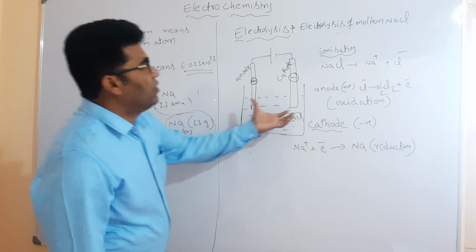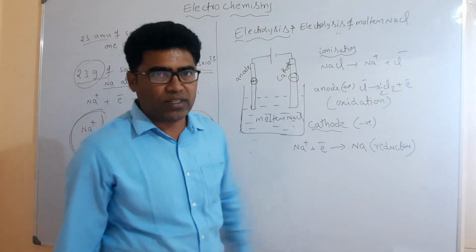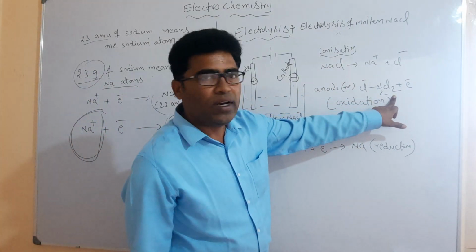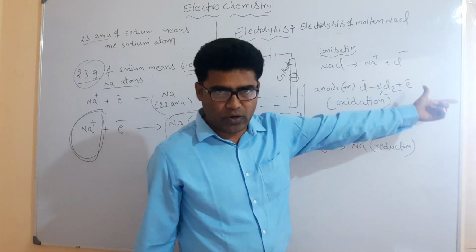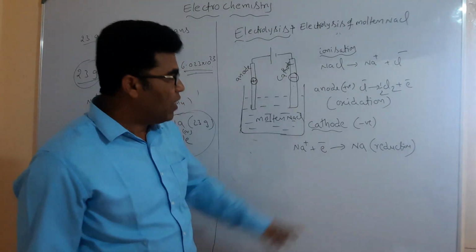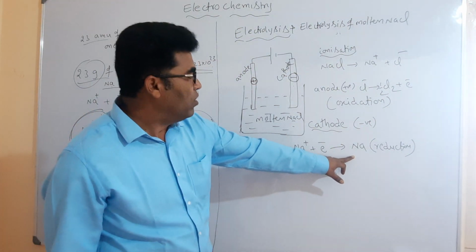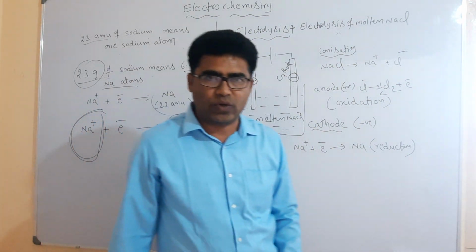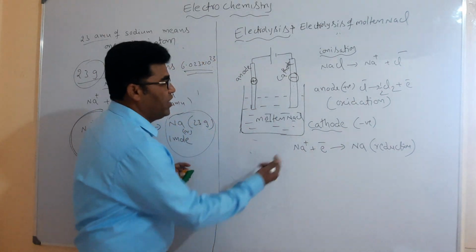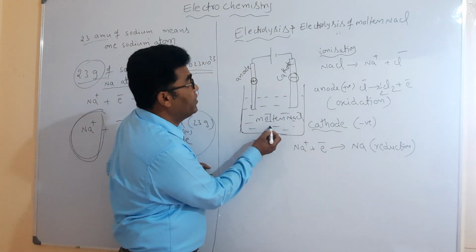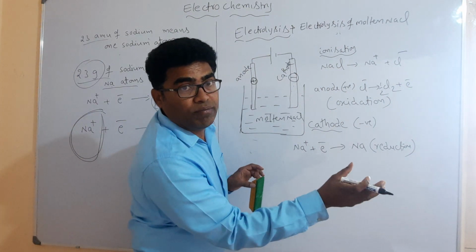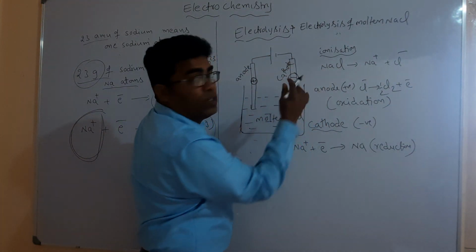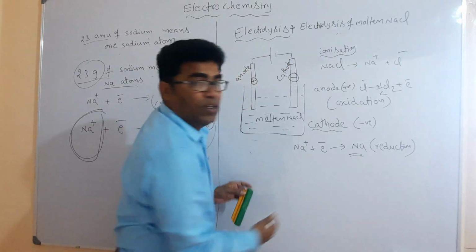So first thing, molten NaCl on electrolysis: chlorine is liberated at the anode and sodium is deposited at the cathode. Na plus ions from this electrolyte migrate here, gain electrons, and sodium sticks to this cathode as a solid.